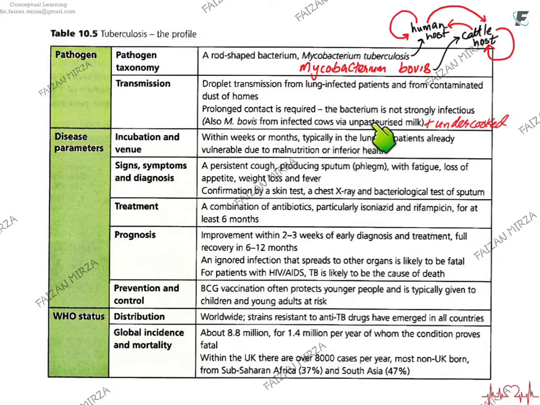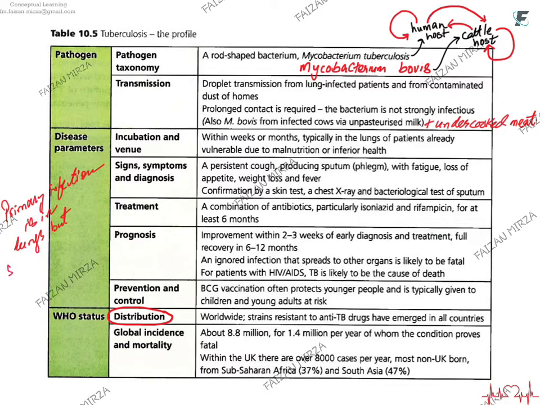If you are using unpasteurized milk from an infected cow, or undercooked meat, and Mycobacterium bovis is there in the meat or the milk of the cow, the person can get TB from cattle as well.